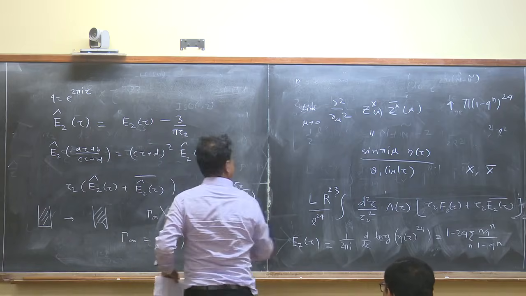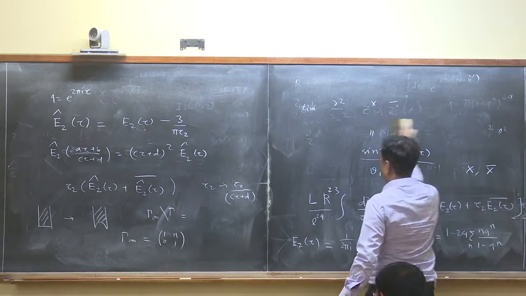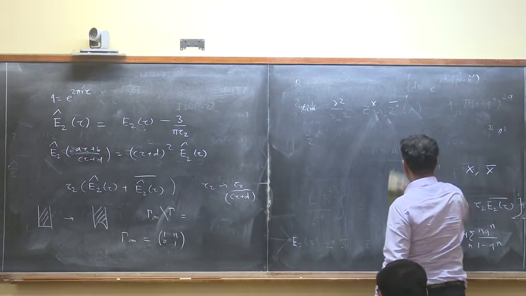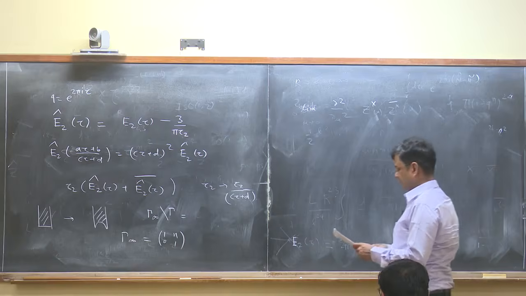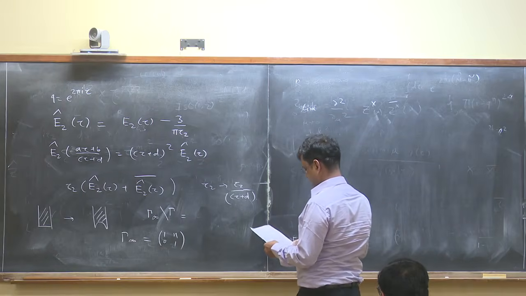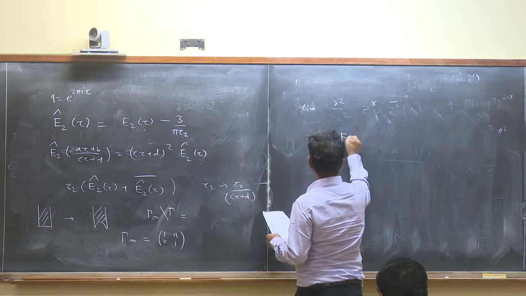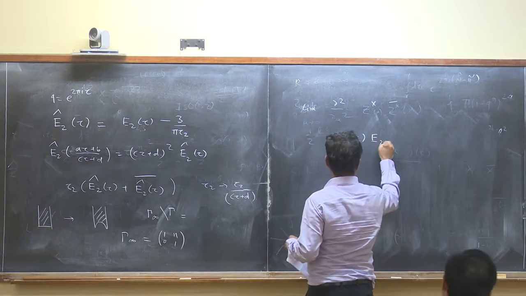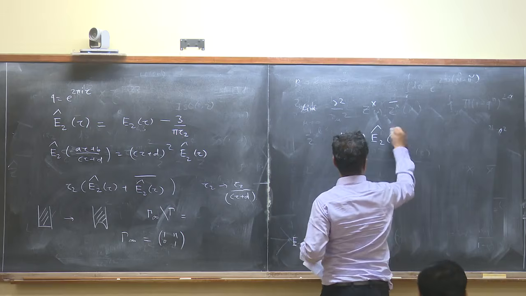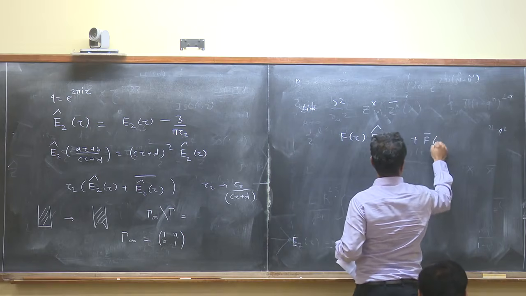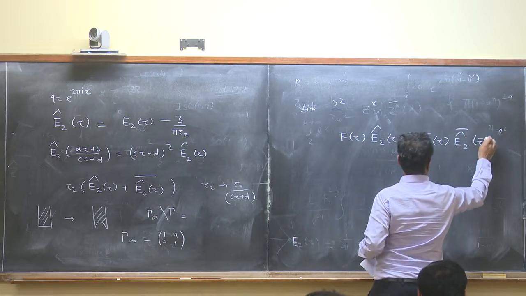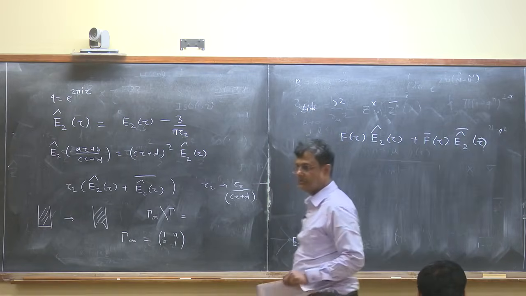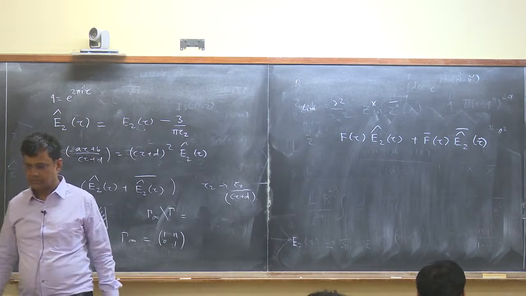Therefore you can write the final answer as F tau E2 tau plus F bar tau E2 bar tau bar.